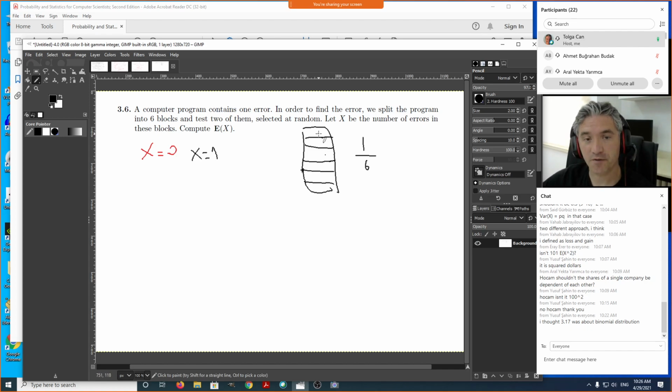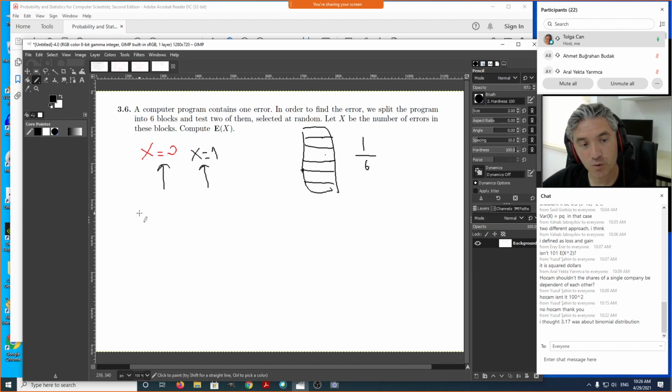All right, so we selected 2 of these 6 blocks, and what is the expected value of the number of errors in these 2 blocks? And here the value x can take, its range is 0 or 1.